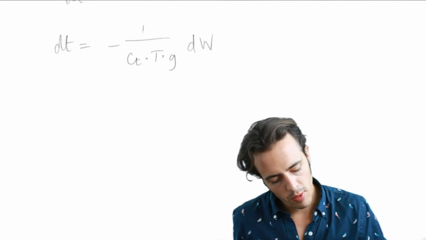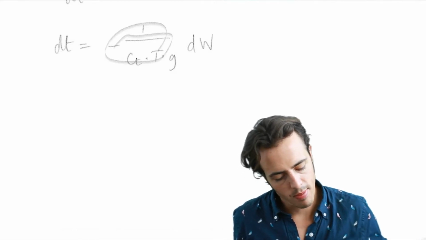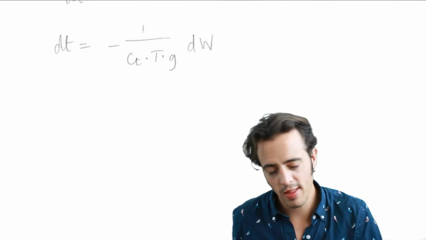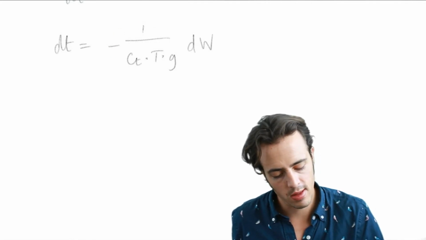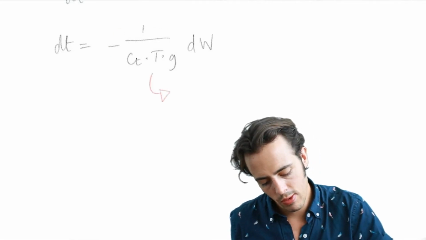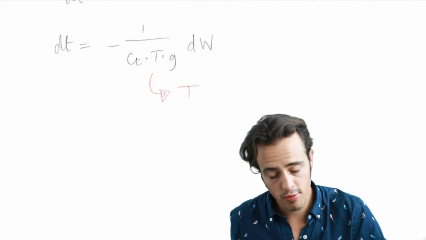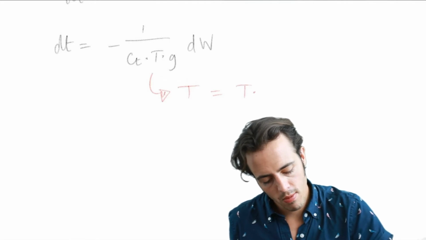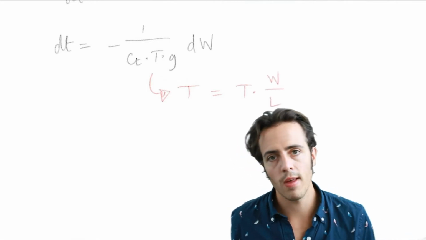Before we do that, we want to make something on this right hand side include the weight, because at the moment if we integrate this we've got no idea how it relates to the weight of the aircraft. So we do a little trick here. We say, well, the thrust is on its own, but we could make this equal to the thrust multiplied by the weight divided by the lift.